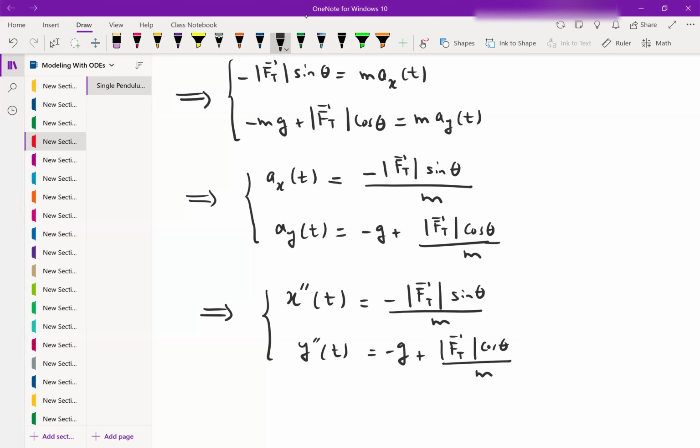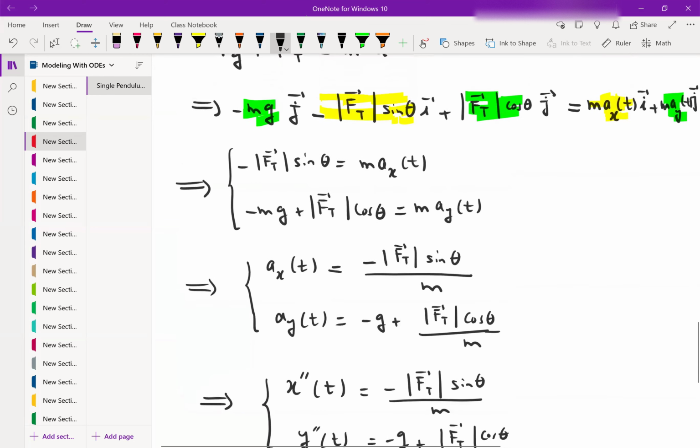And remember, ultimately I want an equation for theta. So theta of t is the unknown, the tension vector Ft in the rod is unknown, x of t and y of t are all unknowns. But I can write x of t and y of t in terms of theta.